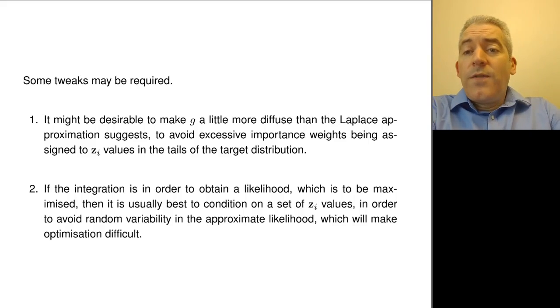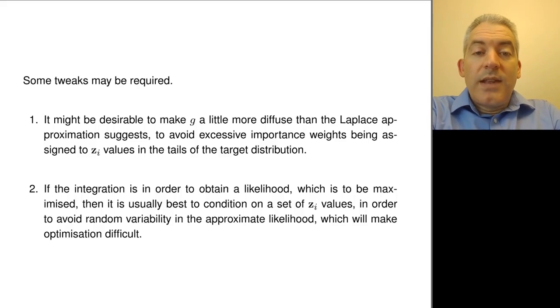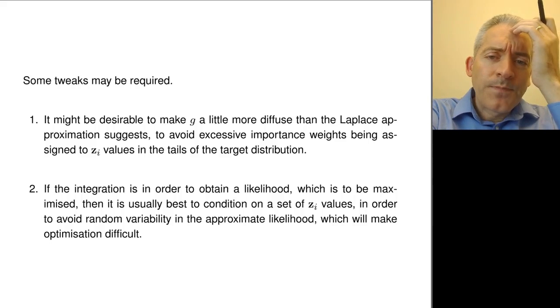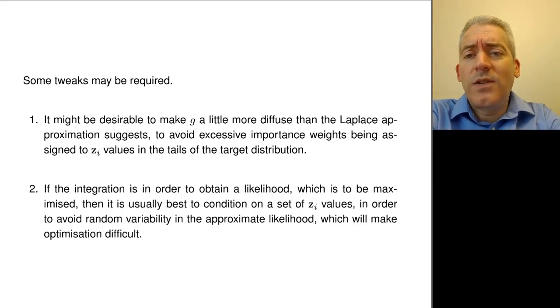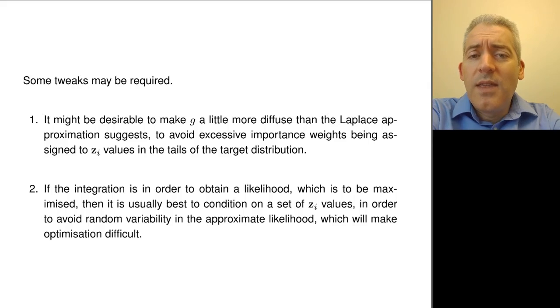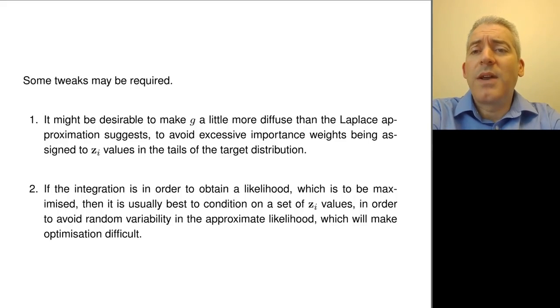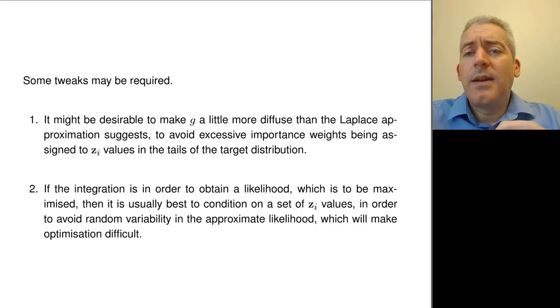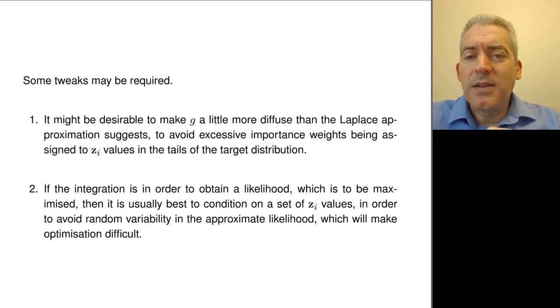So there are a few tweaks you can do to get it to work in slightly more challenging problems. One problem is that if the thing you're integrating has longer tails than a Gaussian, and the Gaussian has relatively short tails, then using this Laplace approximation as a proposal can end up giving you a higher variance estimator than you would like.